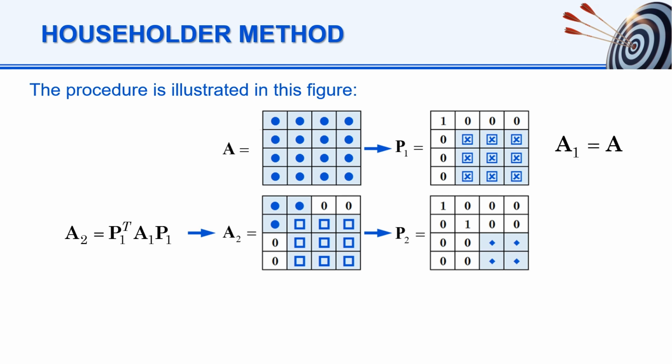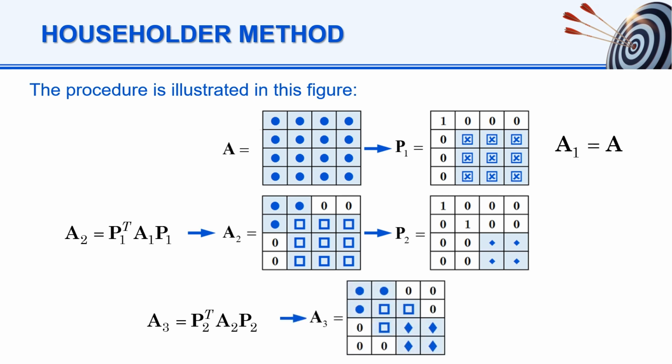Then, the current Householder matrix is operated on A2, which leads to the transformed matrix A3, and so on. This process is continued until the transformed matrix becomes a tridiagonal matrix.